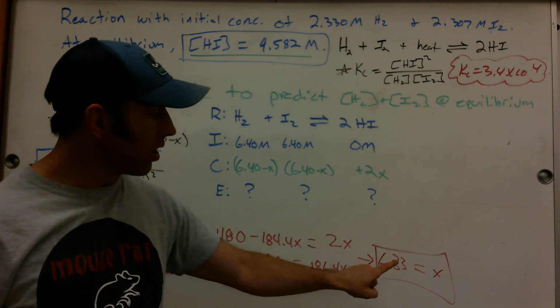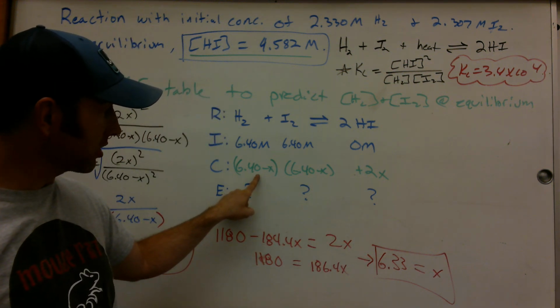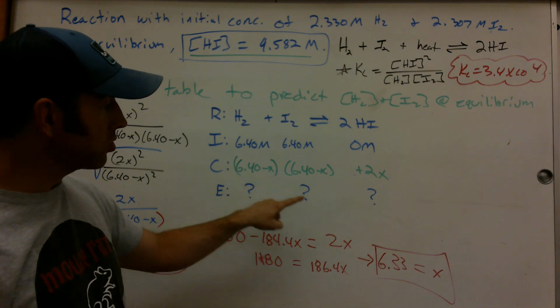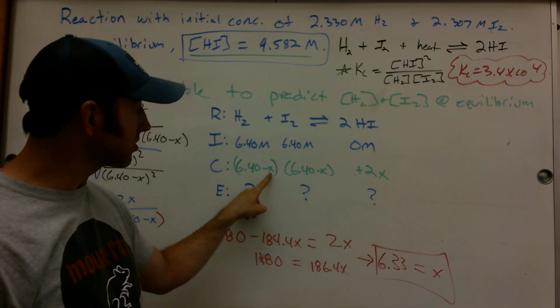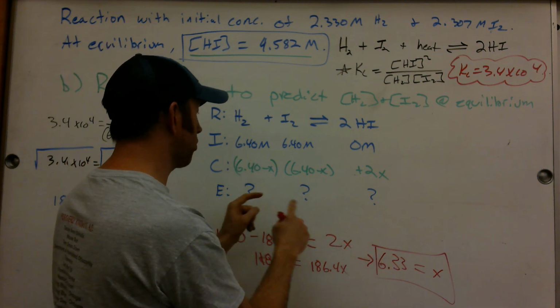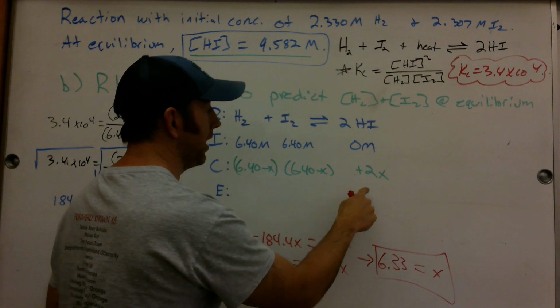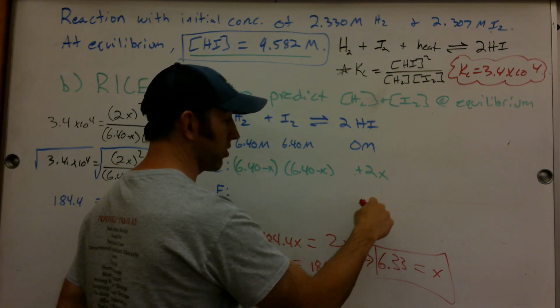All right, so I'm going to go back up here and substitute 6.33 in for x. So this would be 6.40 minus 6.33, as would this be, and this would be 2 times 6.33 to get that number.